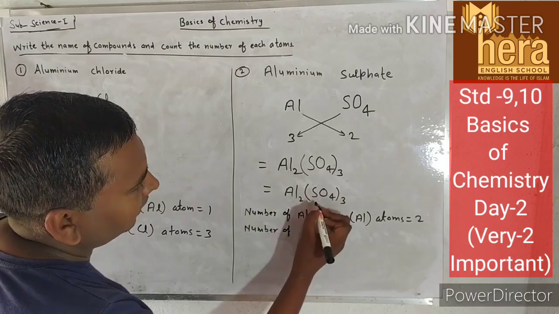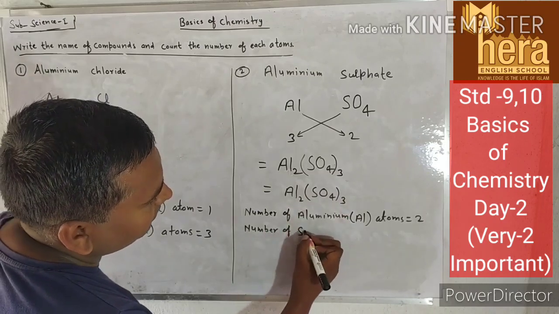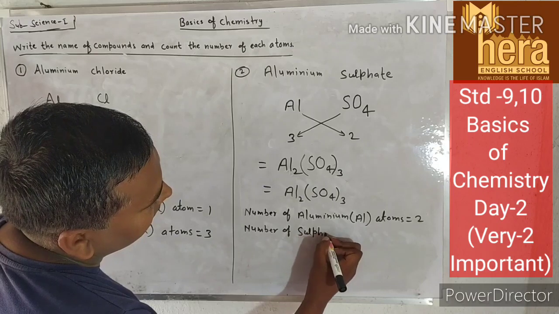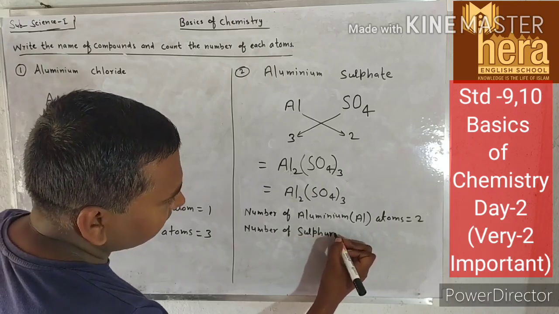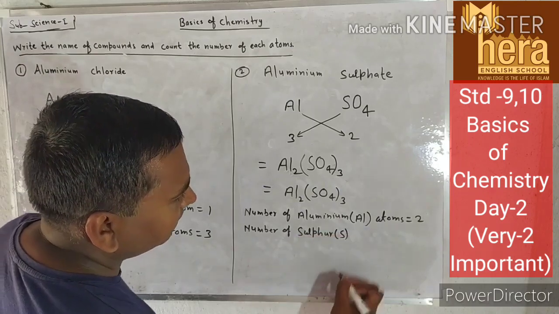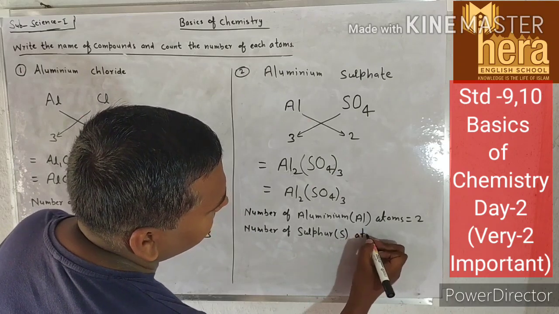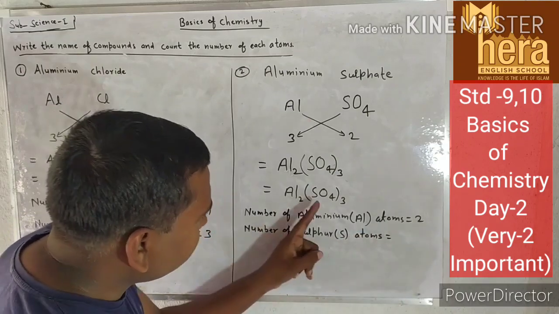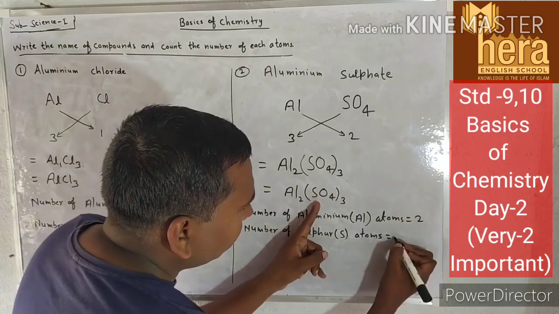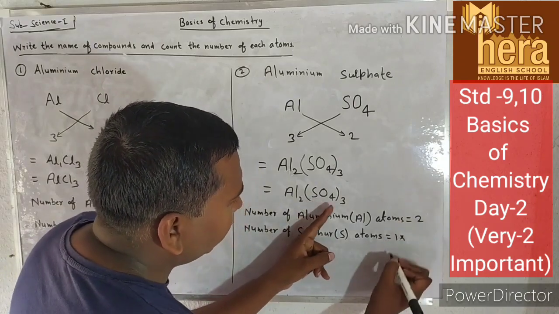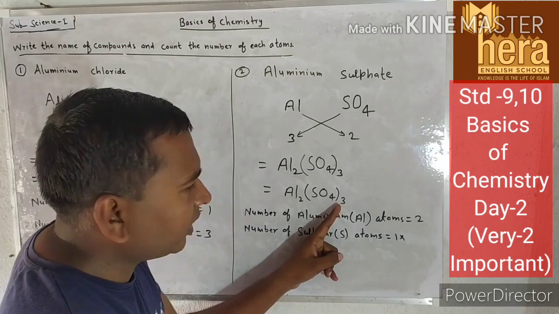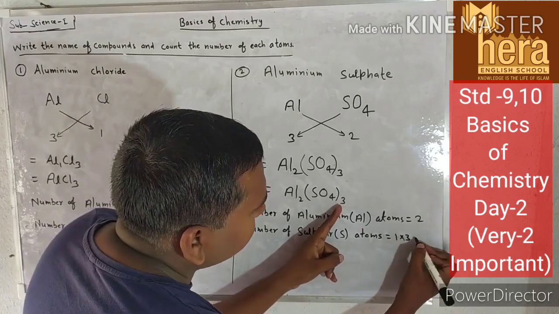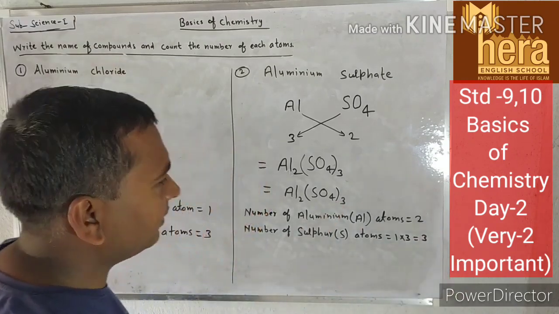Number of sulfur atoms is equal to, see, here is 1 into, always multiplication, okay, 3, that will be equal to 3.